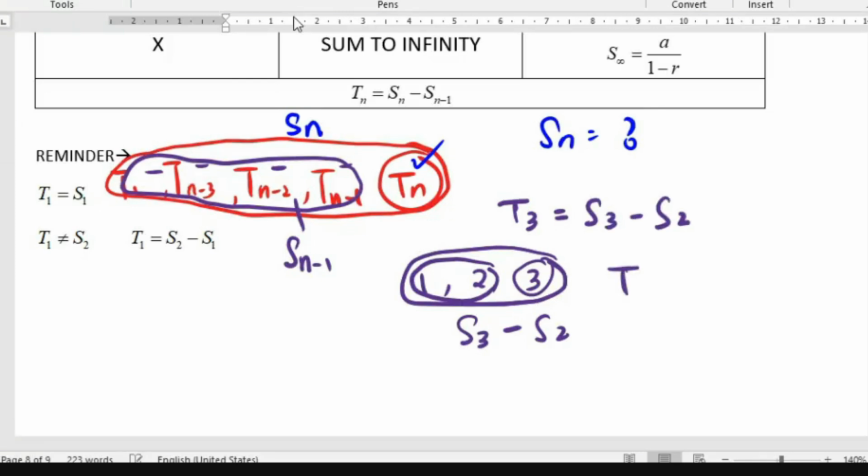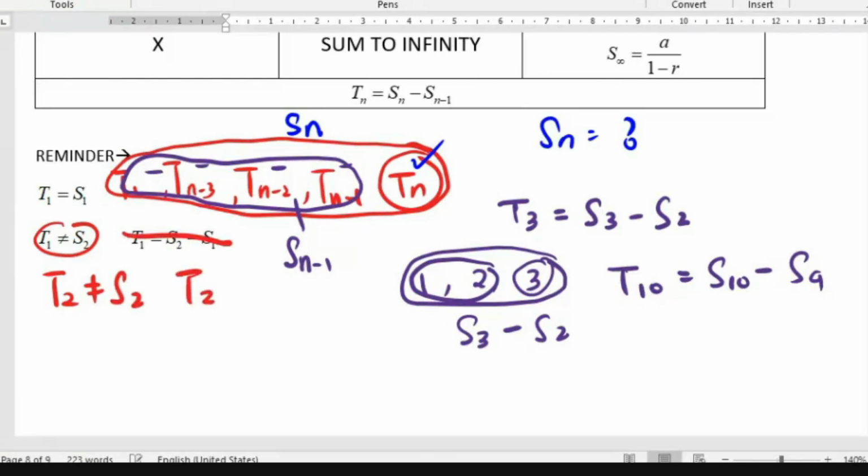If you want T10, it is equal to S10 minus all the front terms, meaning all the front terms together will become the sum of 9 terms. And then you can see the reminder here, first term is equal to S1, but T2, ini saya typo, T2 is not equal to S2.